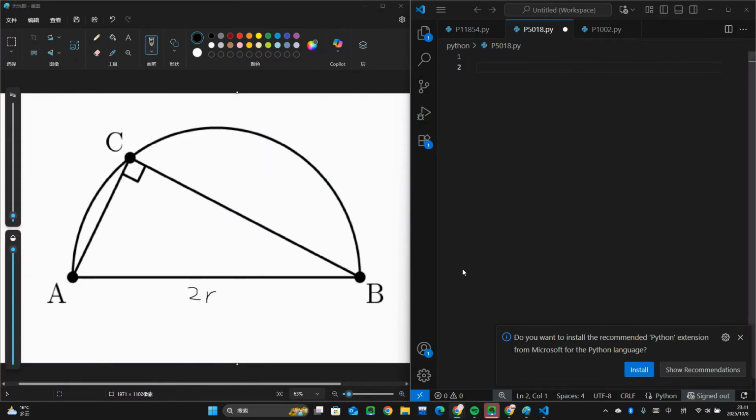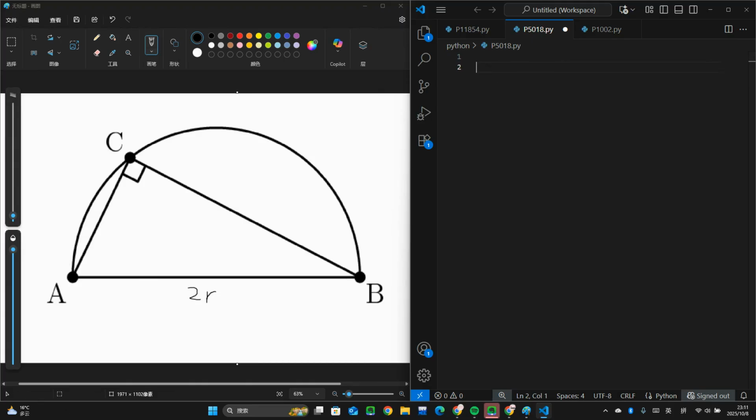So C is not A or B, and then it's obviously a right triangle because AB is the diameter. And I'm just going to use VS Code as scratch paper again. We know AB is 2R. So according to Pythagorean theorem, AB squared is obviously... No, actually, let's start with S. S is AC plus BC, according to the problem.